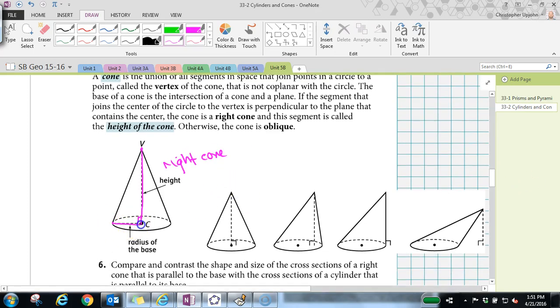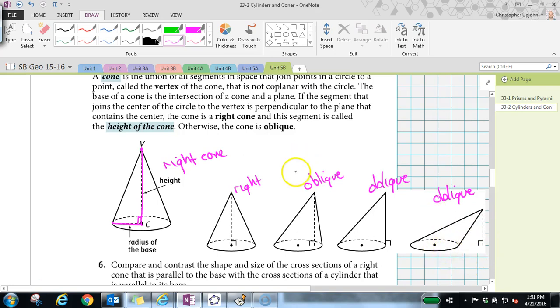And a radius is just like it was on the other one. Our height, again, is the perpendicular distance. So this is the right cone. This is an oblique cone because the height does not go through the center. And this is an oblique cone as well, because our height does not go through our center.